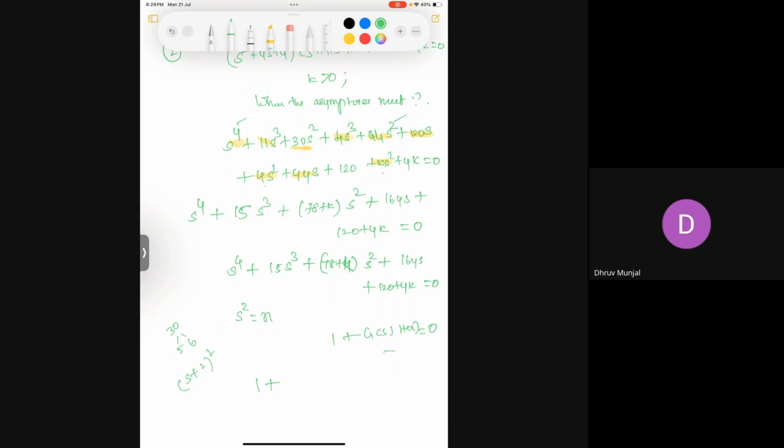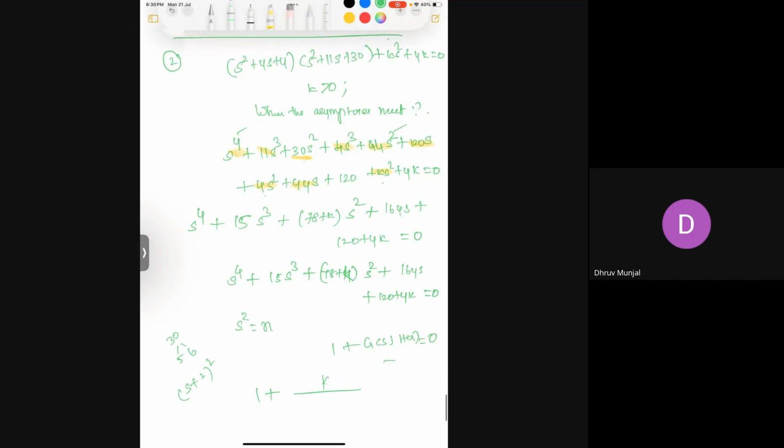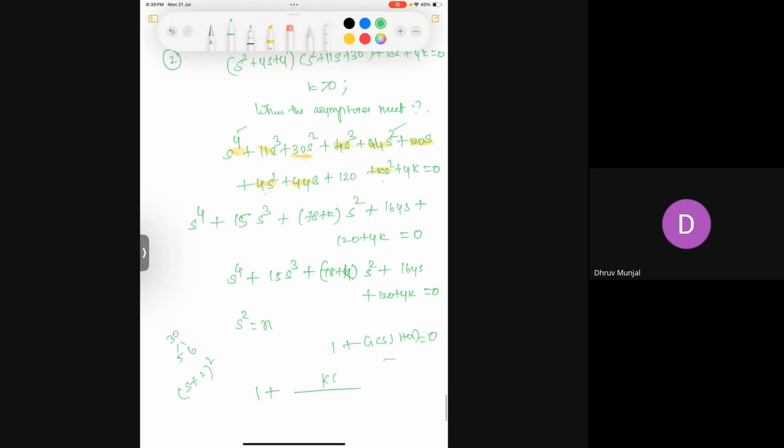So this will become 1 by, not 1. The above term will come here, right? K into s square plus 4 k. This will become, okay, wait. Yeah, this is a brilliant idea. S square plus 4, right? S plus 2 the whole square into s plus 5 into s plus 6.